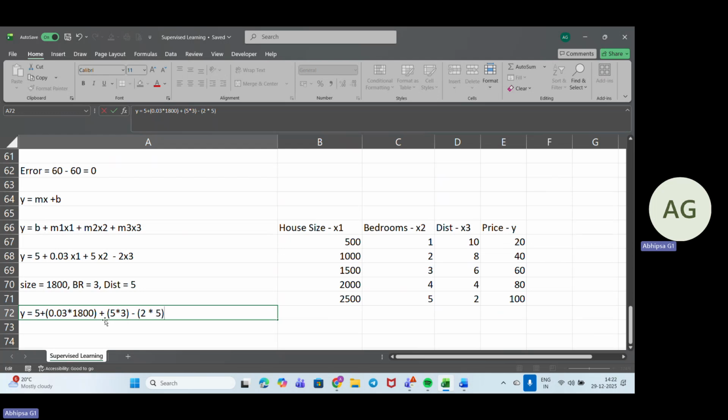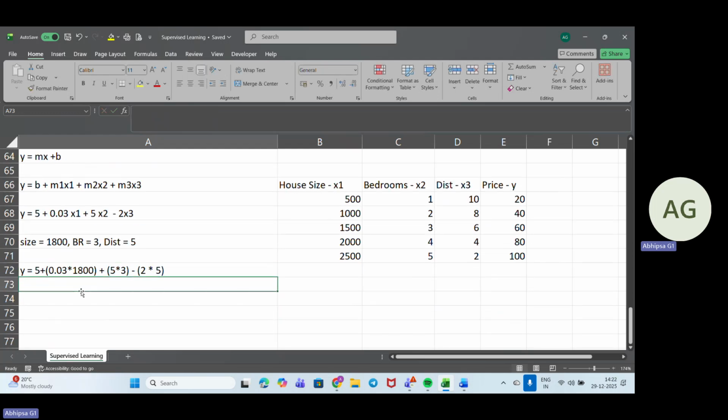Okay. So this we have done. So after calculating, it is coming 5 plus 54 plus 15 minus 10. So we are getting the value of y equals 64. Okay. So the predicted price for this is around 64 lakhs.